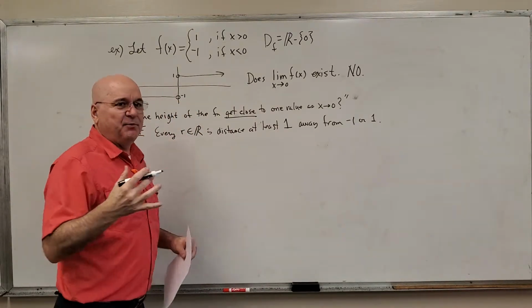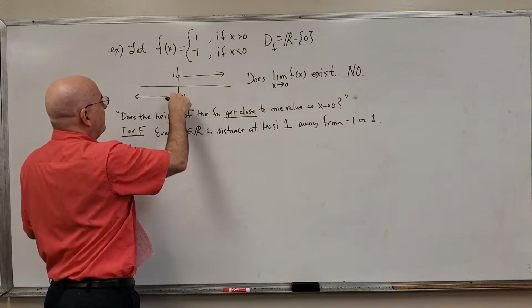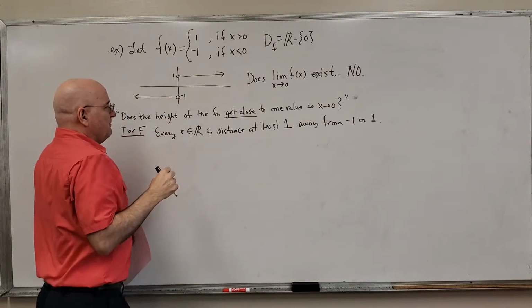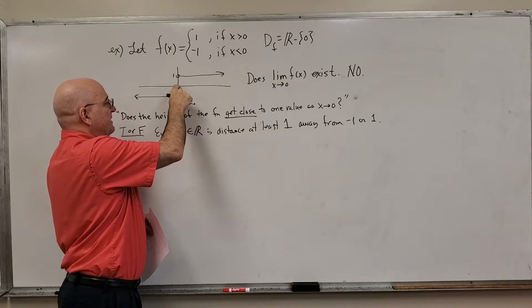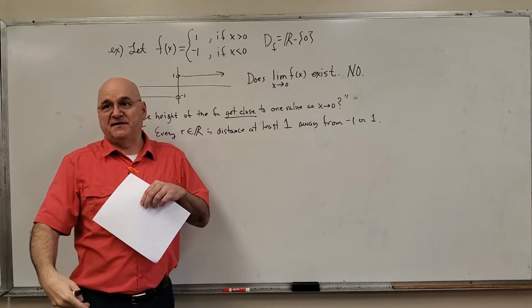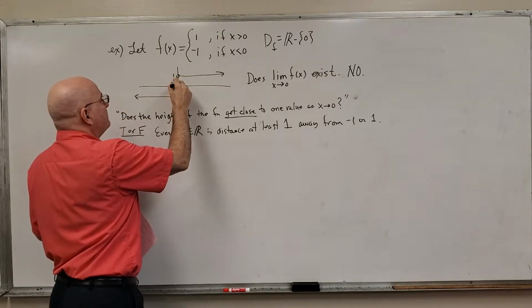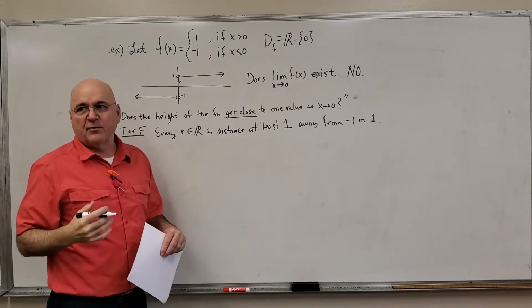Now, I'm telling you it is true. And it should be simple to see on a graph. If you draw the number r anywhere on this line, the very extreme case is when r is right in the middle, r equal to 0. And in that case, it's distance 1 away from both of the numbers. But if you move r up to here, getting it closer to 1, well, that makes it farther away from -1.